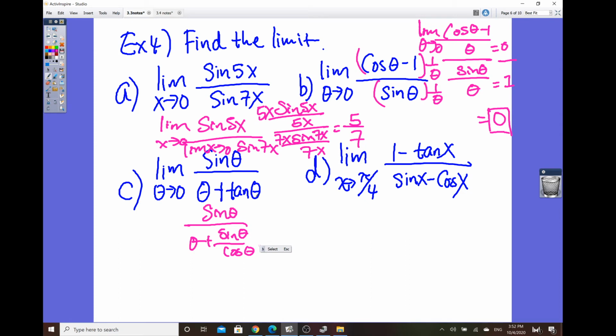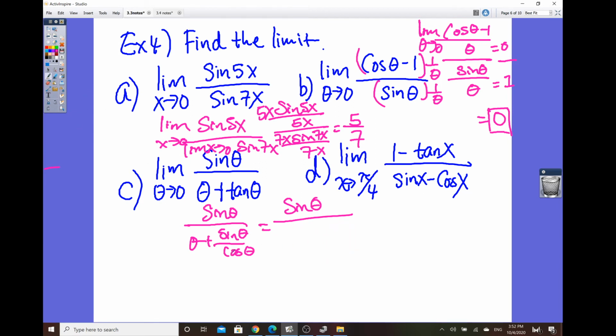So on top here, we do have sine of theta, and then the denominator is theta plus sine of theta. Well, you might want to put in theta times cosine of theta.